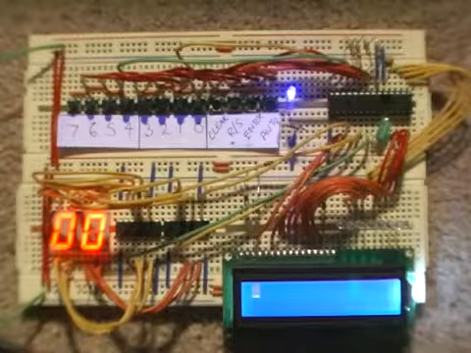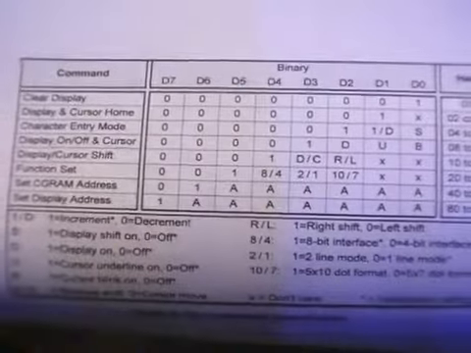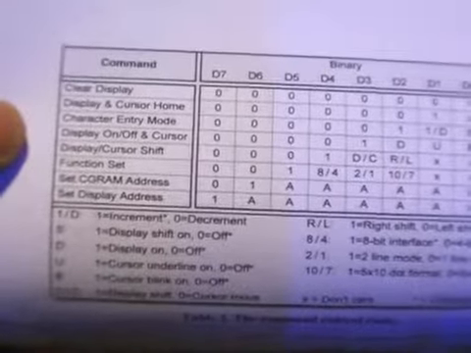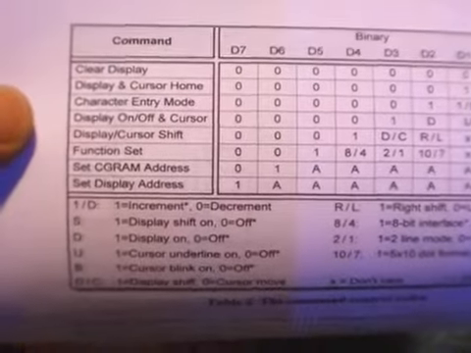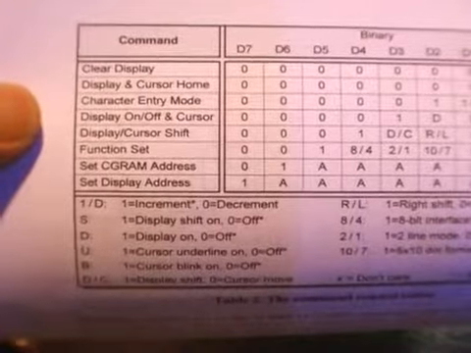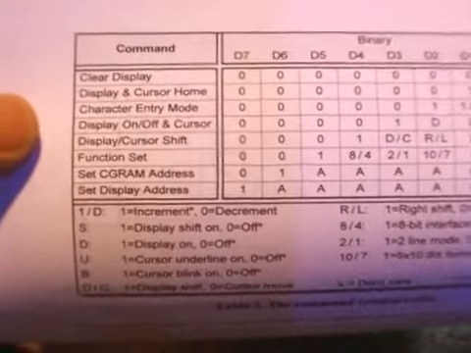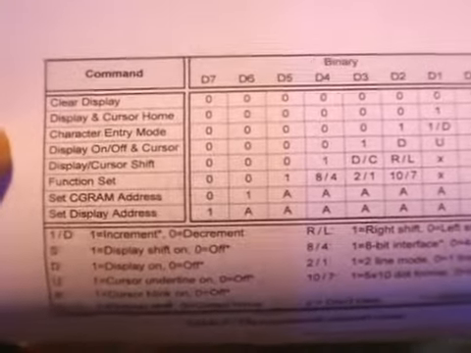All those codes can be interpreted off a table like this, which can be found on the net anywhere. Just type in Hitachi 44780, I think it was, display commands, and you'll get a table like this.